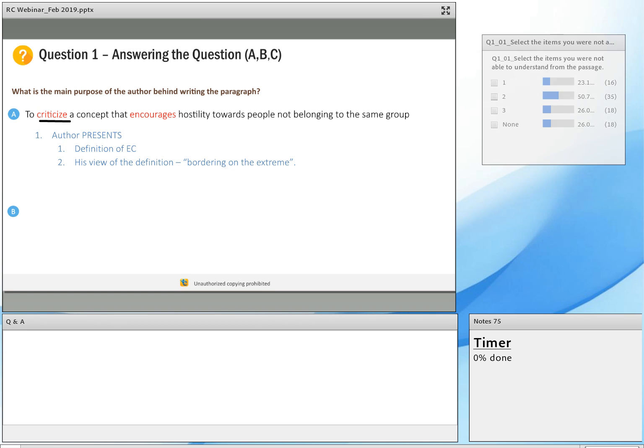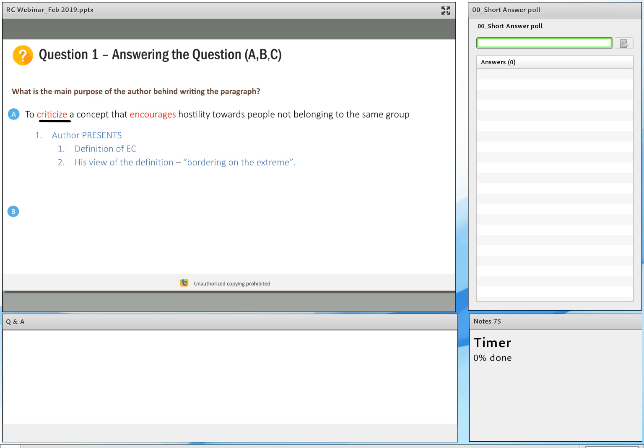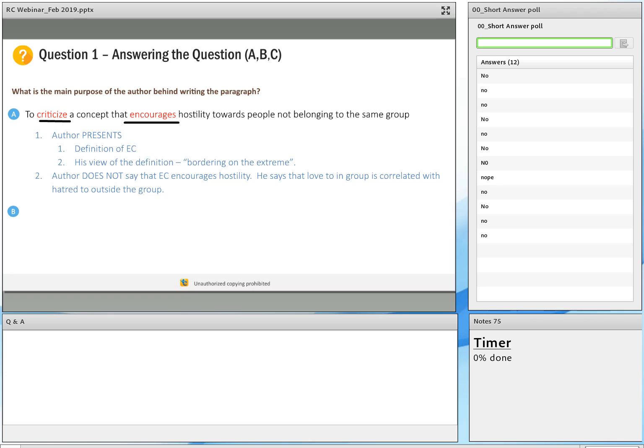Is there anywhere in the passage that the author mentions that EC encourages hostility? Does the author mention that anywhere in the passage? No, it doesn't. He says this is what is there in EC. And the author also doesn't criticize any concept over here.